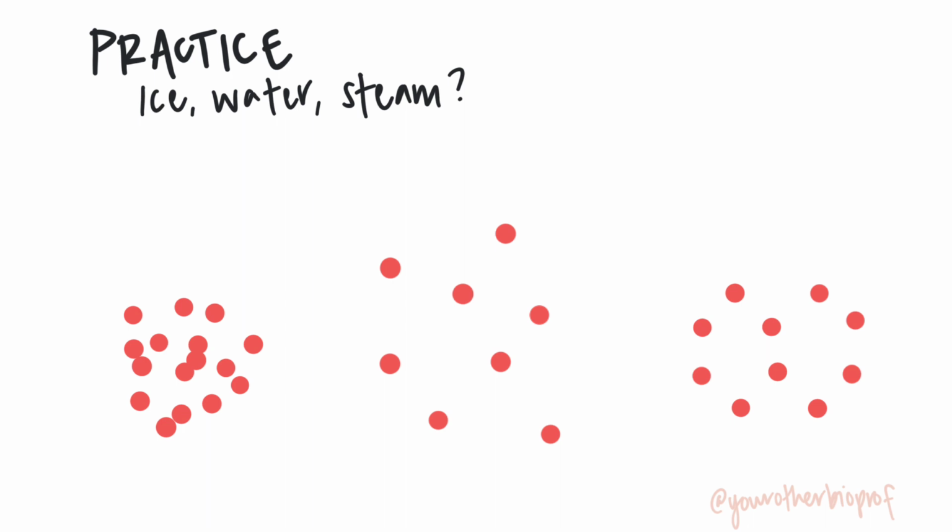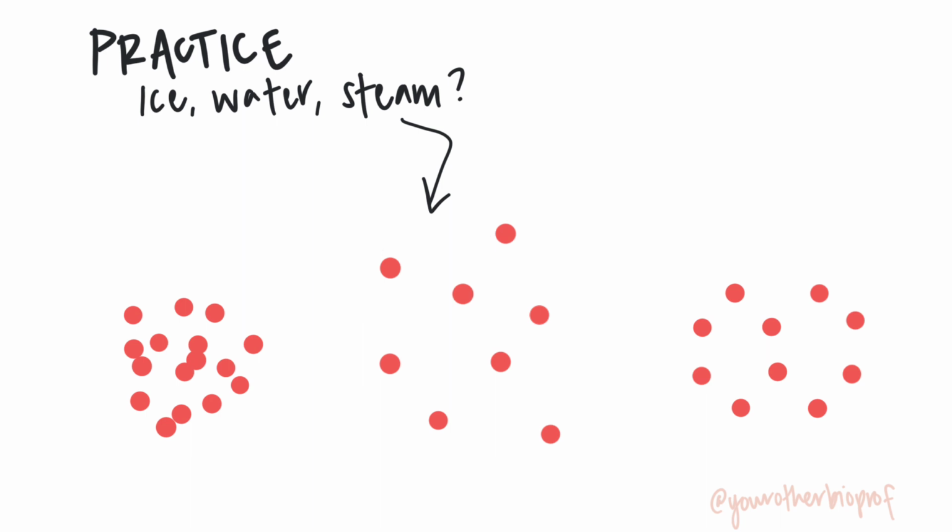If not, pause the video a little bit longer, but let's take a look, starting with steam. So the one where the molecules are the furthest apart from each other, and sort of randomly distributed, is going to most likely represent steam. Remember, very little, if any, hydrogen bonding going on because of that large distance between molecules.